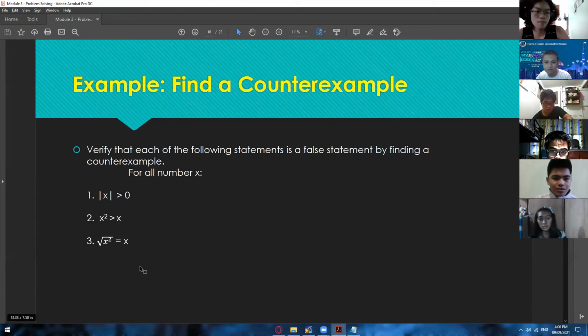Negative 1. Yeah, negative 1 is definitely below 0, but we have an absolute value symbol right here, so it will become positive 1. This one is super obvious. You can just answer any decimal that is less than 1, like 0.5 or 0.9.